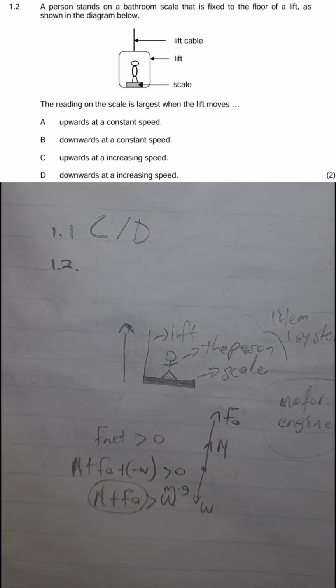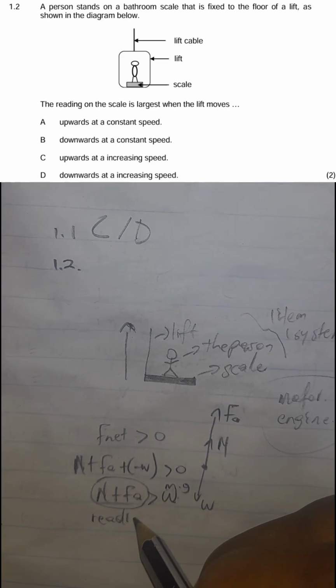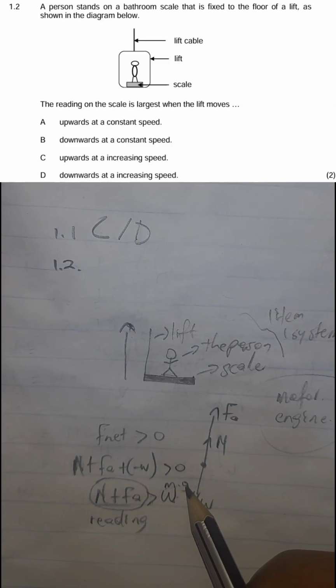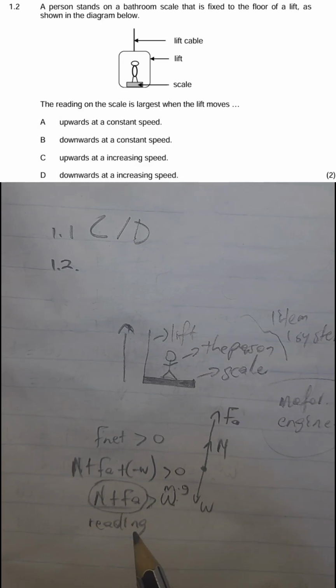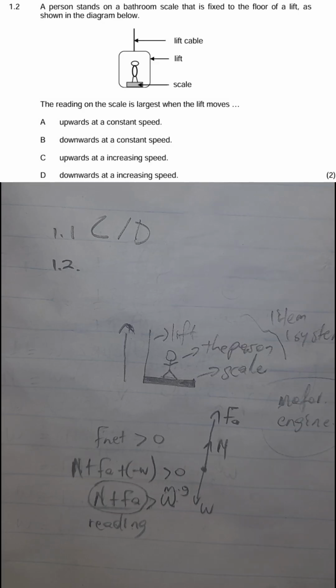That means the reading on the scale is going to be greater than his or her normal weight, which is m multiplied by g. That means the reading on the scale is going to be largest when the lift is going up at an increasing speed. I hope that makes sense.